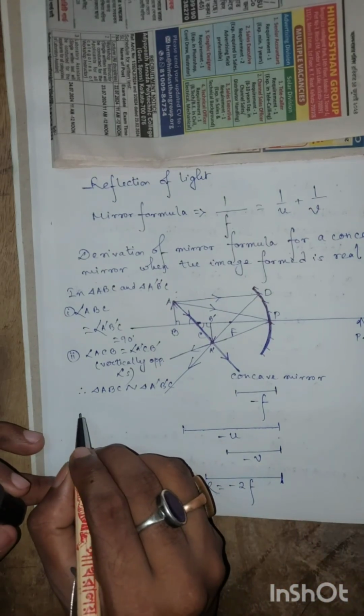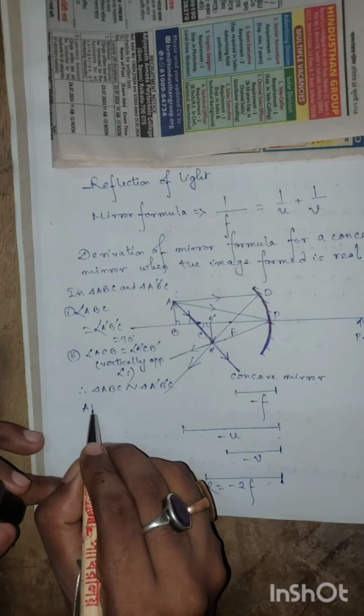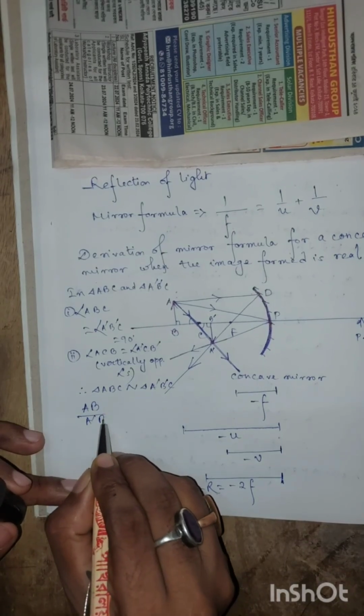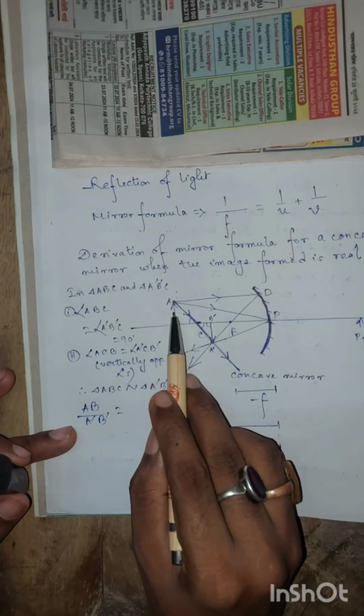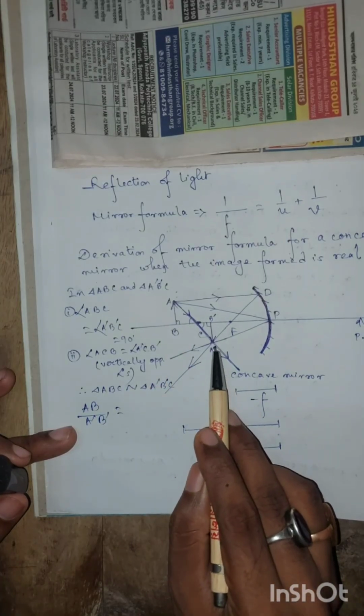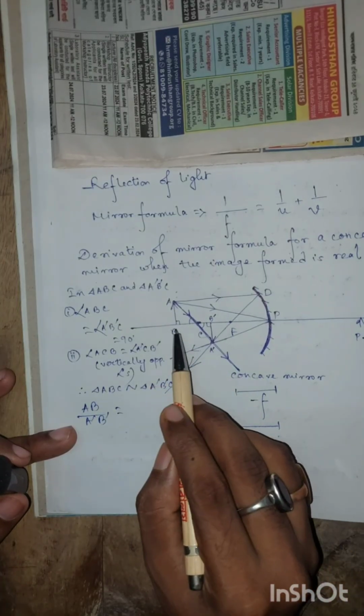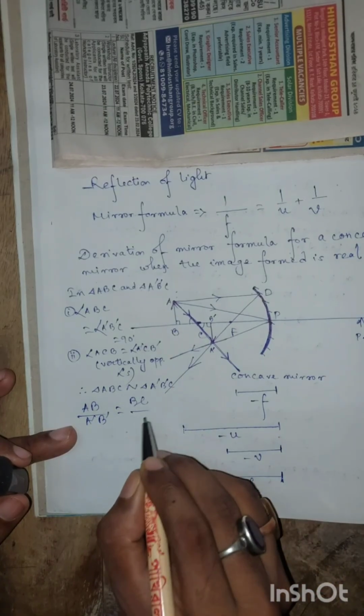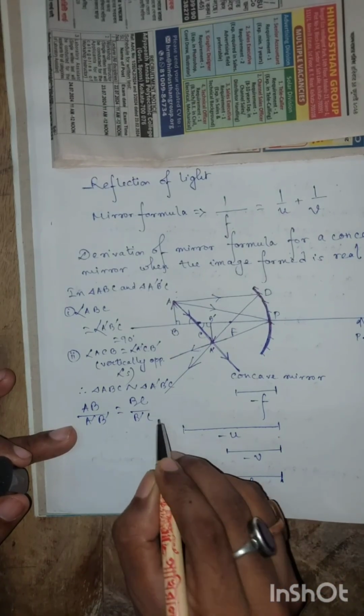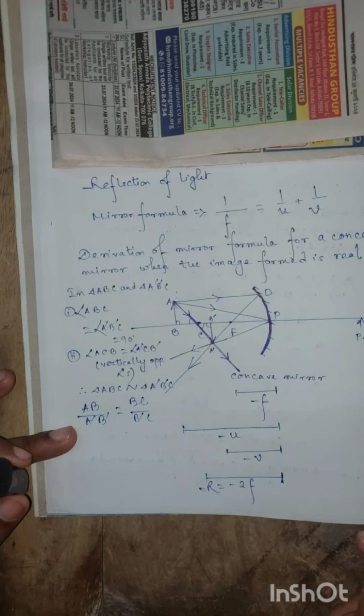So we can write AB by A dashed B dashed is equal to, this side is corresponding to this side, BC by B dashed C.